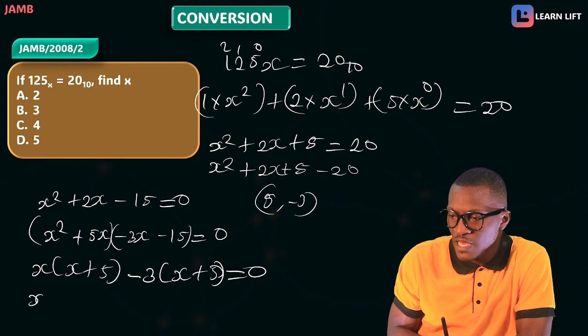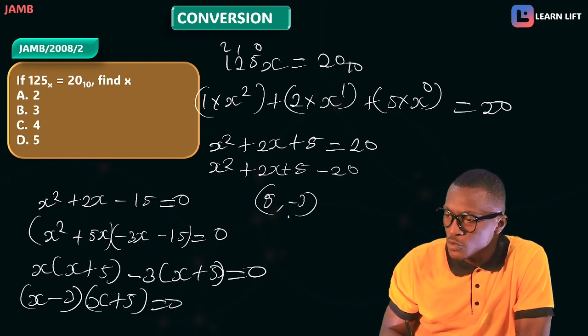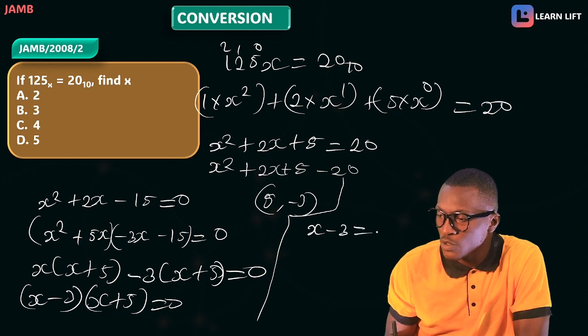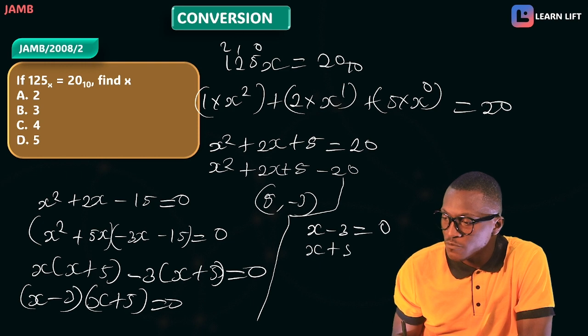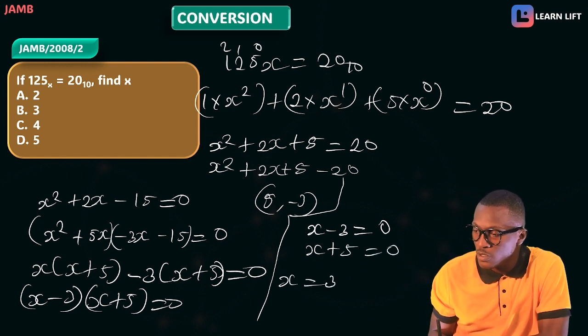Therefore, now I have x minus 3 and x plus 5 equal to 0. So this now becomes the same as saying x minus 3 is equal to 0 and x plus 5 is equal to 0. Therefore, my answer now becomes x will be equal to 3 or minus 5.